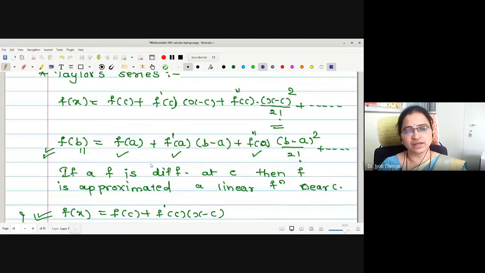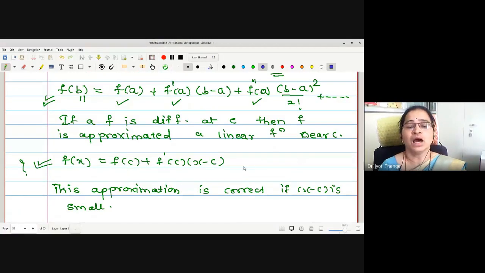Later we saw the Taylor series. With the help of the Taylor series, we are able to find the value of a function near a given point c, provided the value of the function and all its derivatives at the point c are known to us. Then we wrote this as a linear polynomial, assuming that x minus c is small.